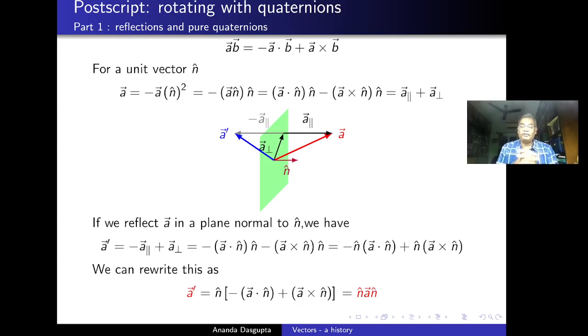So what we have found is that if you want to reflect a vector A in a plane normal to a unit vector n hat, all you need to do is multiply n hat by A and then by n hat, using of course a quaternion rule for multiplication. So A prime equals n hat A n hat. This becomes our rule for reflection in a plane normal to n.